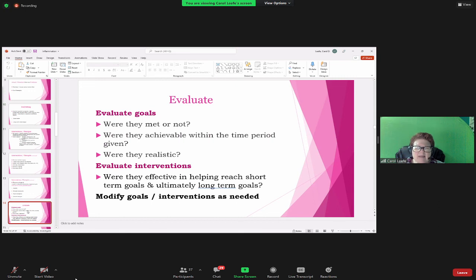And in looking at them, you may have to modify the goals, the time period, or step back, because they may have had some progression and now they're having some regression in achieving those outcomes. And then again, modifying interventions is needed for the best interventions to get the patient towards those outcomes.